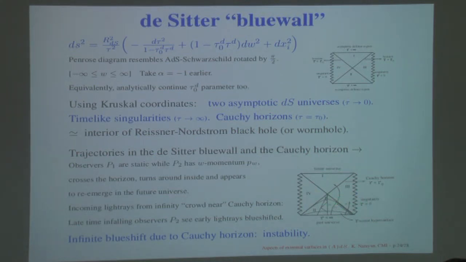The late time observers see, as it's called, an entire history in a flash. So there is an infinite blue shift due to this Cauchy horizon, which signals an instability of sorts.